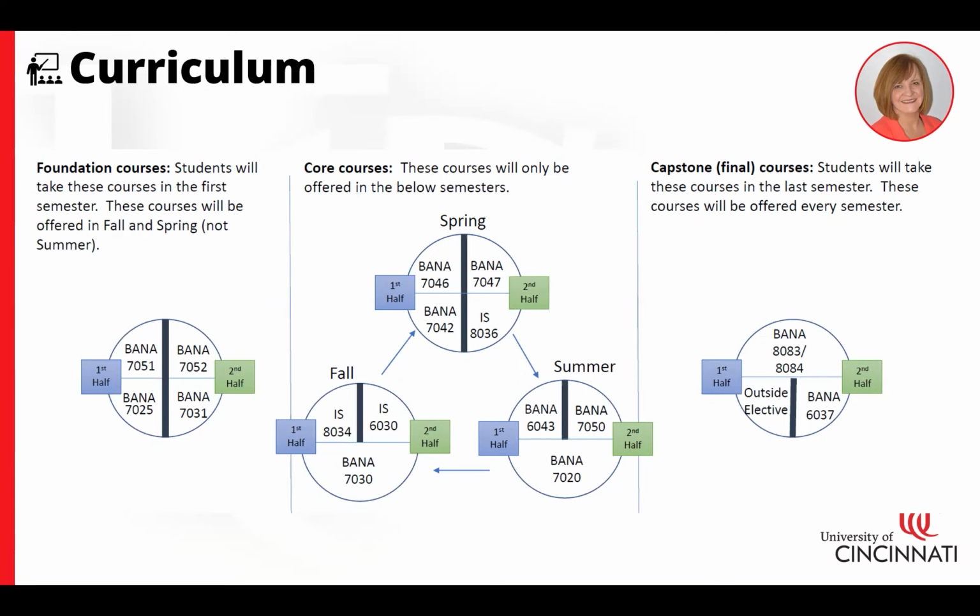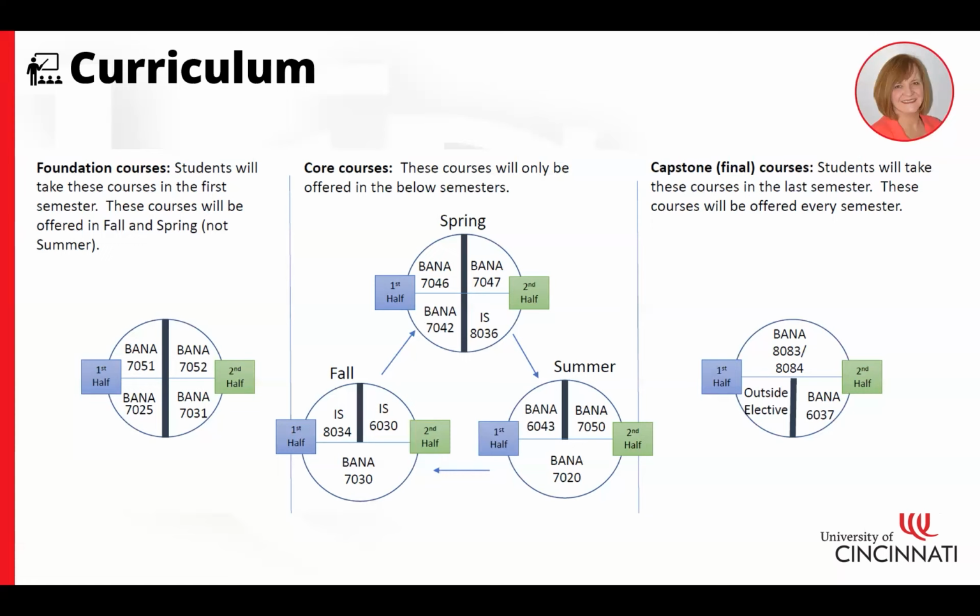There are 4 courses that we consider the foundation courses. They are our applied stat methods, linear regression, data wrangling, and probability. Those 4 courses are oftentimes prerequisites for some of our other courses.